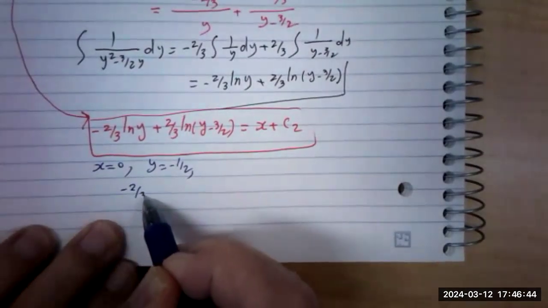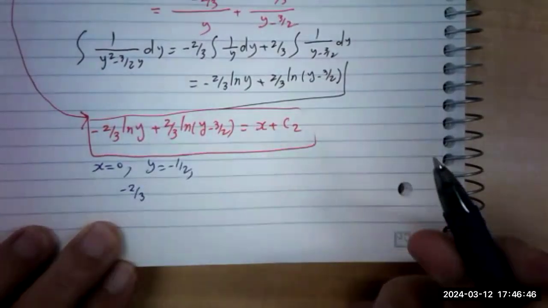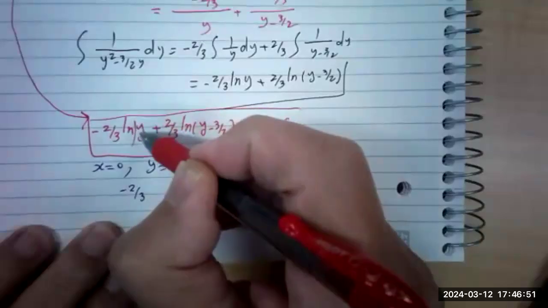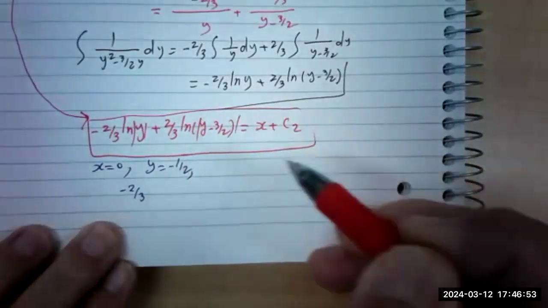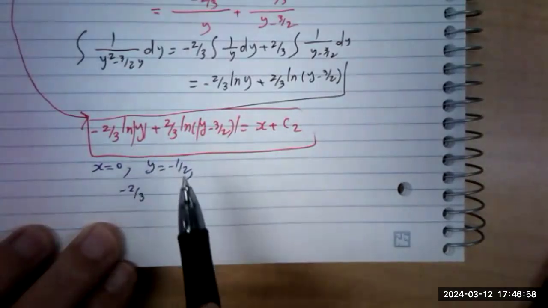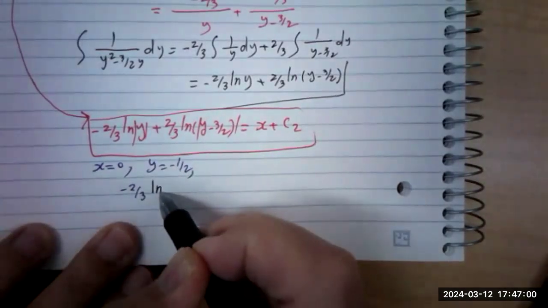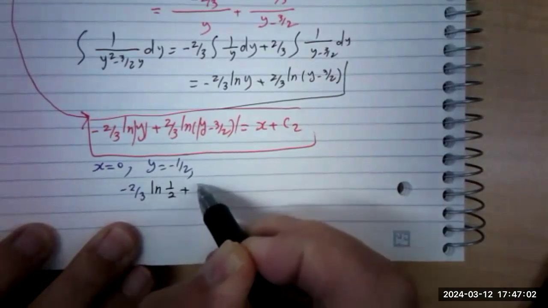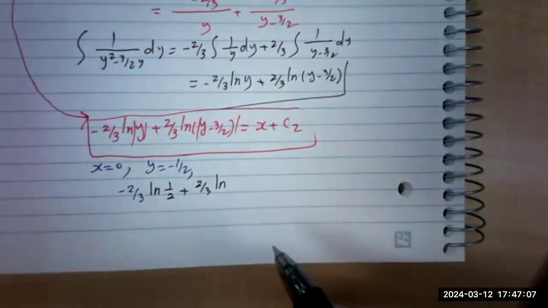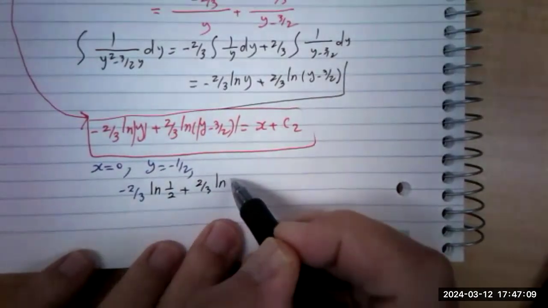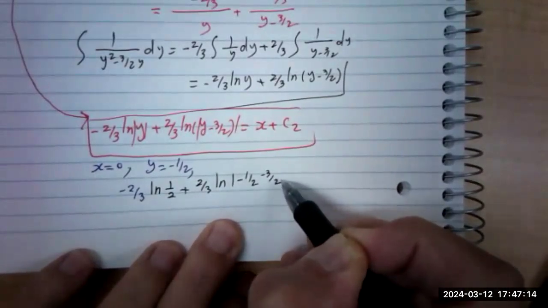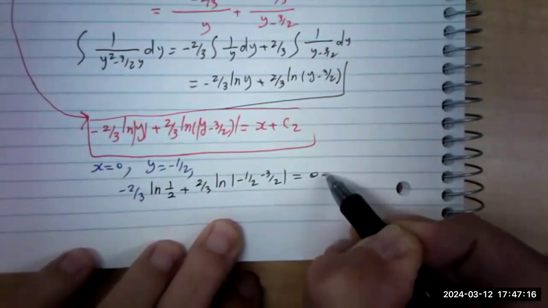With the negative 2/3, you have to use the absolute value for these y's, of course, when we do the ln function. So that gives ln of 1/2. This is going to be 2/3 ln of, inside is going to be the absolute value of negative 1/2 minus 3/2. On the other side, we get 0 plus c2.